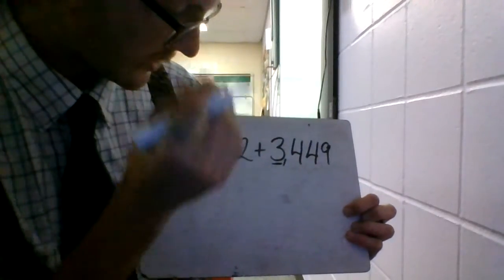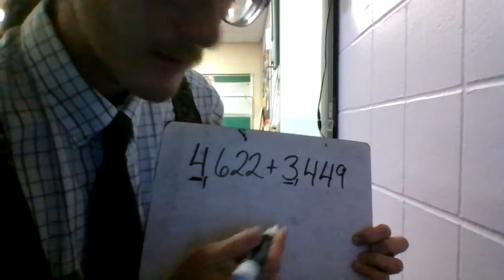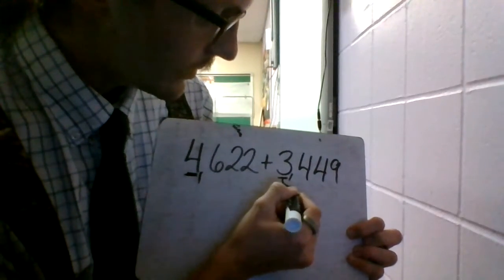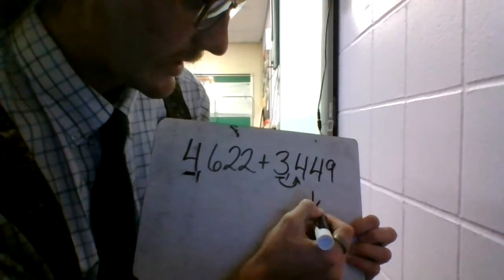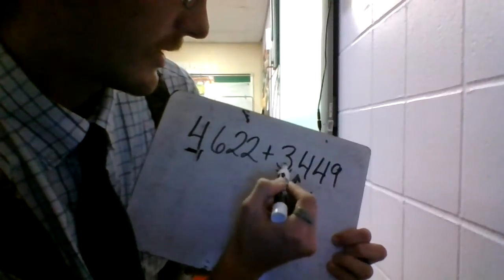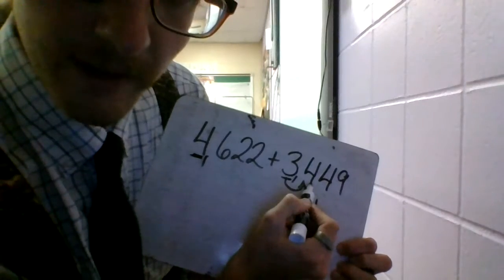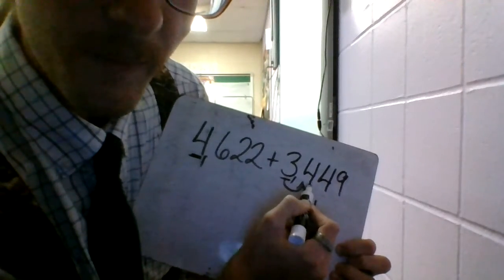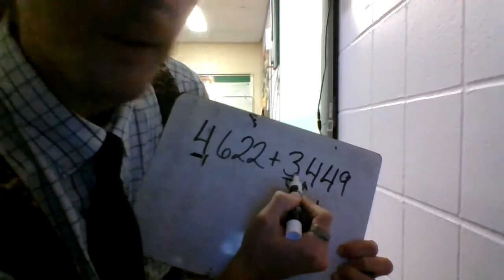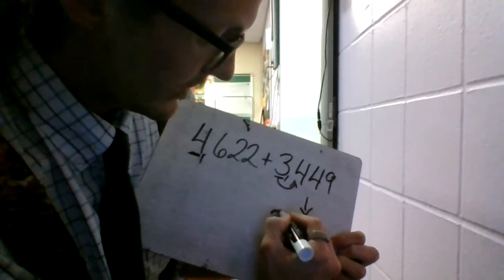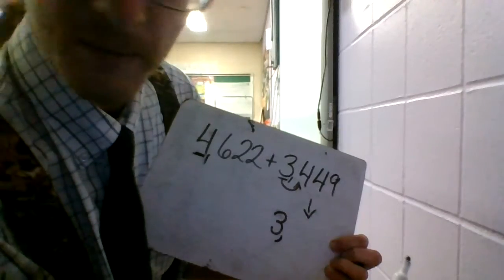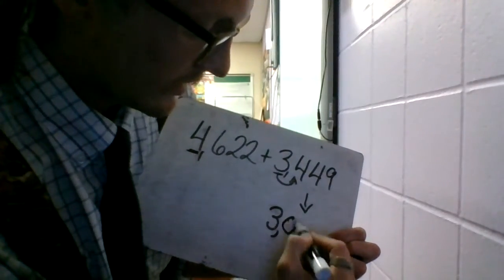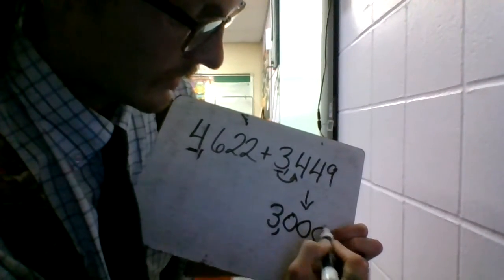That's the star of our show right there. We look at the place value immediately to the right. Is this 4 or less, or is it 5 or more? It's 4 or less, so this rests. And all these lesser place values become zeros.